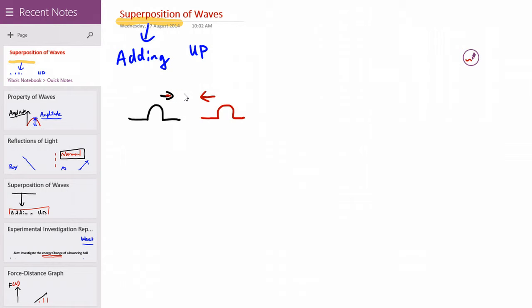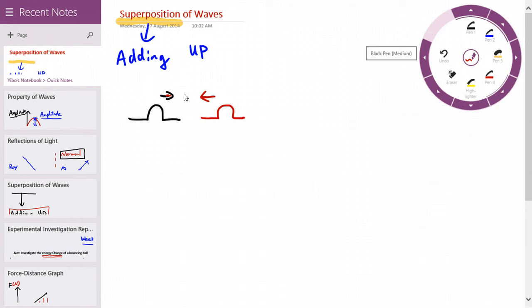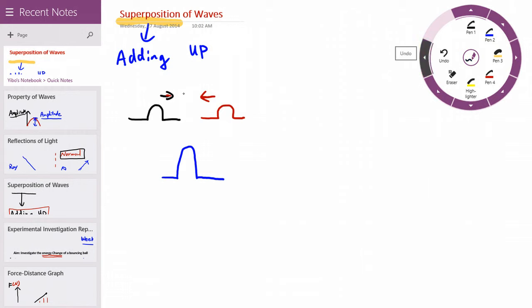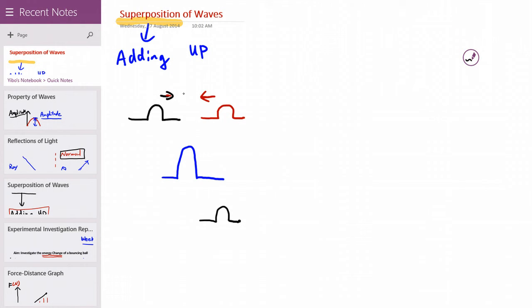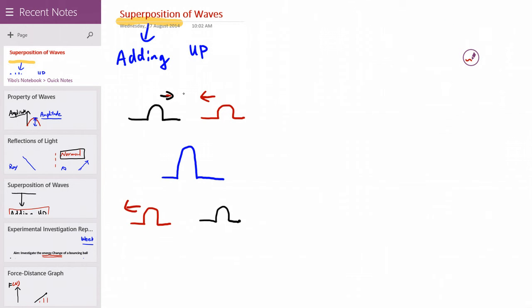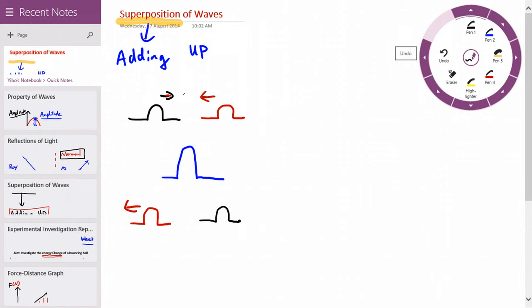When they meet, they add up like this. Their amplitude will be doubled. Then after they met, they separate, like this.